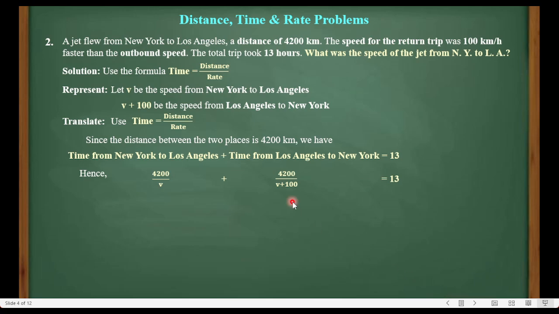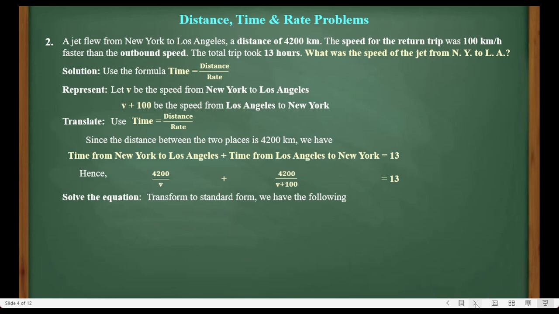And at this point, we have just formulated an equation which is actually a rational algebraic equation which can be transformed to a quadratic equation in standard form. So the next step is we're going to solve this equation by first transforming this to standard form.